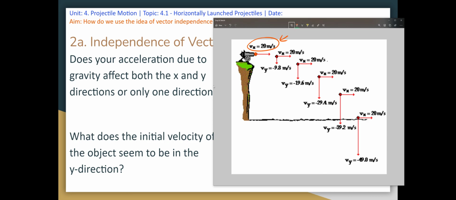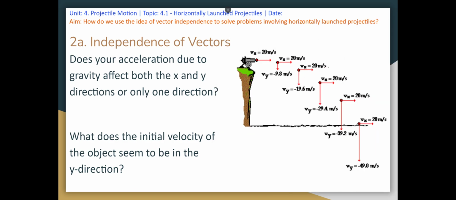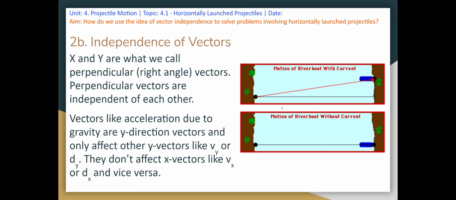If it does not start falling until it leaves the cannon, you can say that my initial velocity in the vertical direction, v sub iy, the y direction, is going to be 0. It doesn't have an initial vertical velocity. It only starts increasing its speed once it actually leaves the cannon. And this is something you really can assume for this topic in Regents physics.